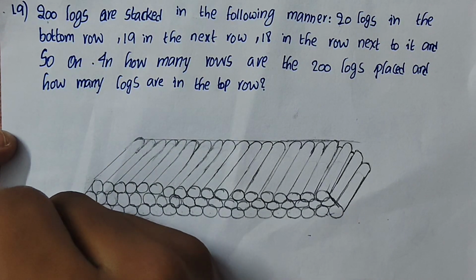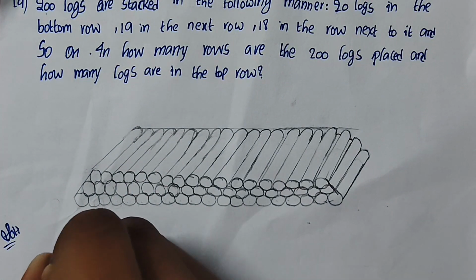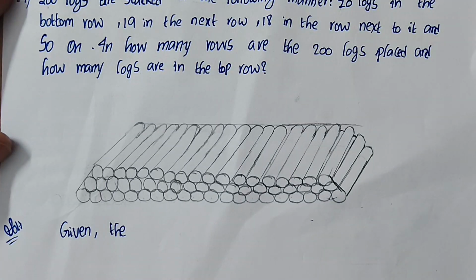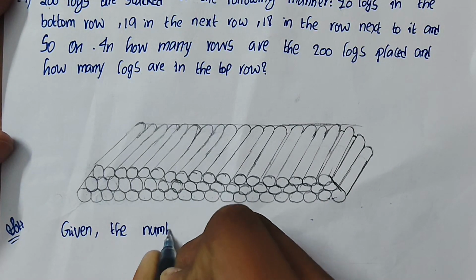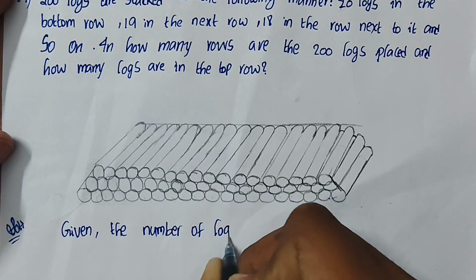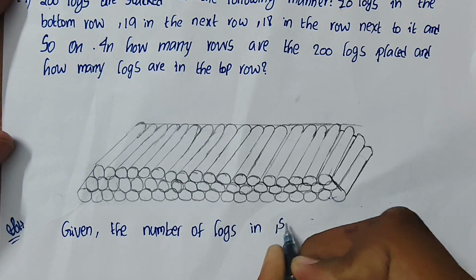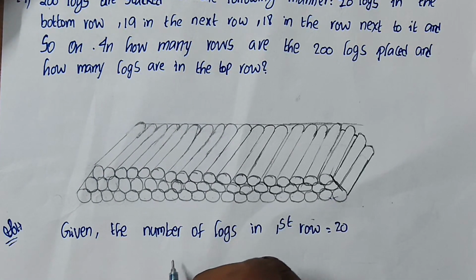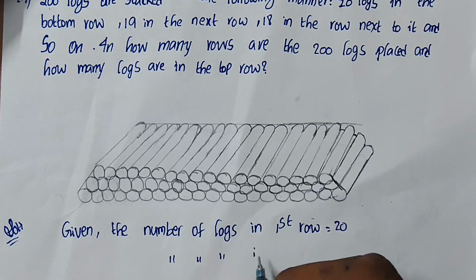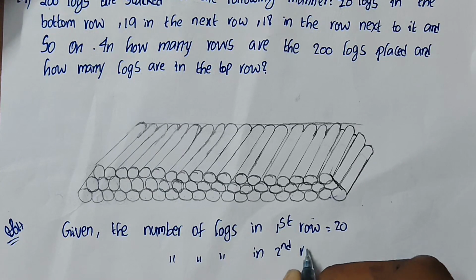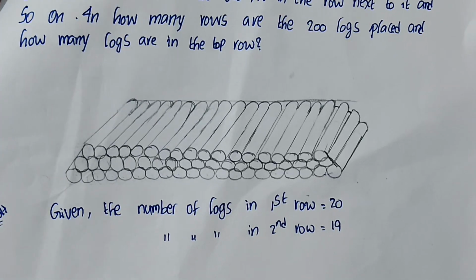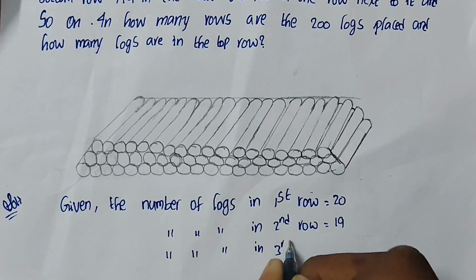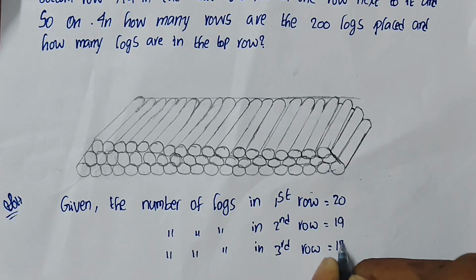So let us solve it. Here given, the number of logs in the first row is equal to 20, and likewise the number of logs in the second row is equal to 19, and he also gave the number of logs in the third row equal to 18.